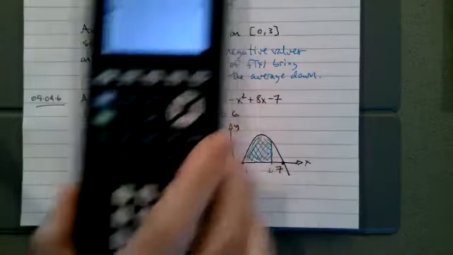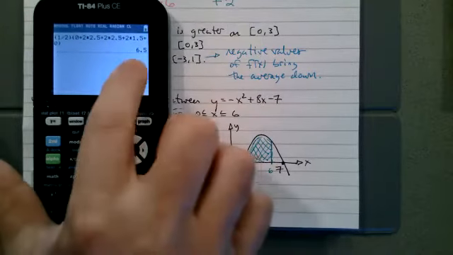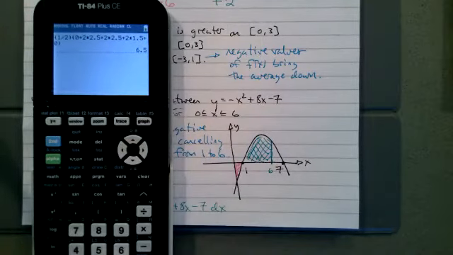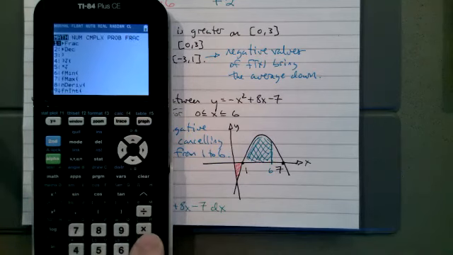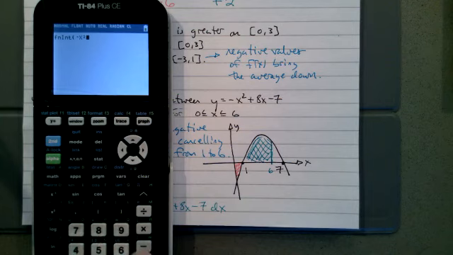So this was me trying to figure out problem 5 and how they got 6. I just couldn't do it. I tried many things. So if we take the integral of negative x squared plus 8x minus 7 with respect to x and just integrate from 0 to 6, then we're going to get 30.